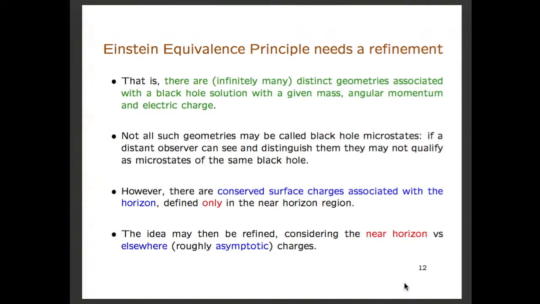And I'm going to give you a model of how you can find black hole microstates through near horizon soft hairs. This should be distinguished from the so-called asymptotic soft hairs. So when you have a black hole and a horizon, there are two sets of non-trivial diffeomorphisms, and those which would be relevant to the problem of black hole microstates are those which can be obtained near the horizon.